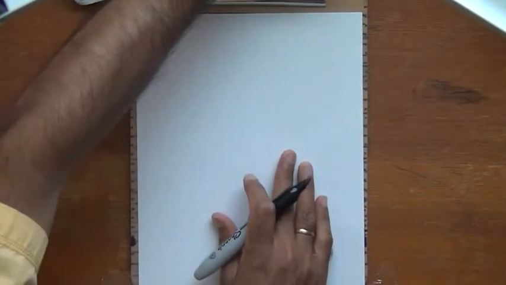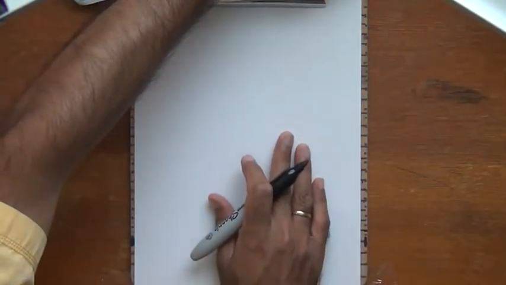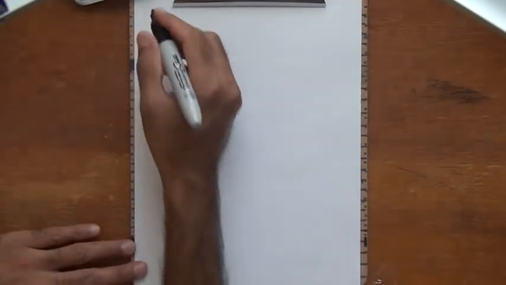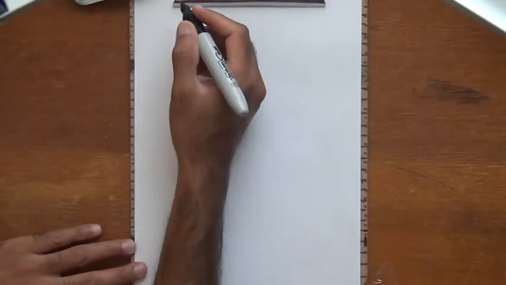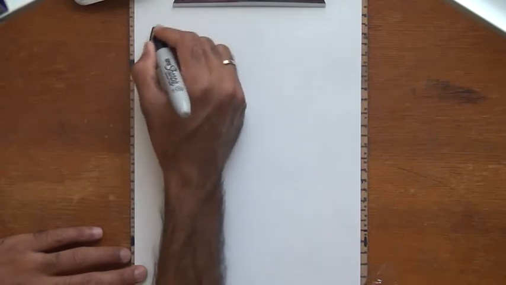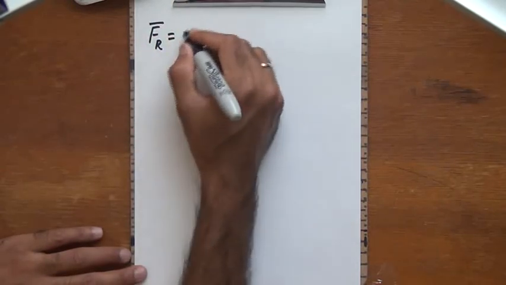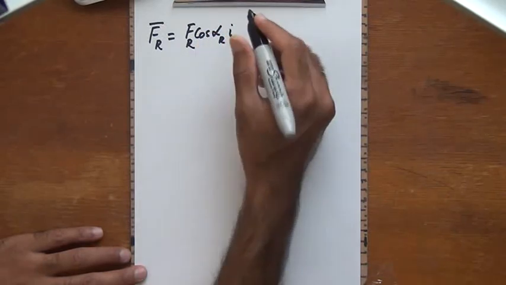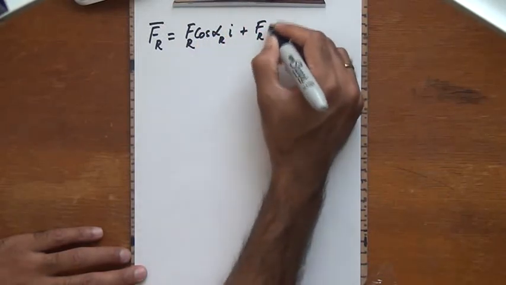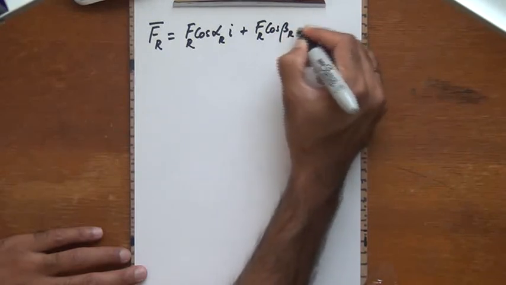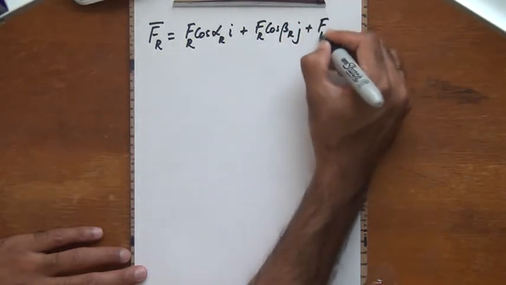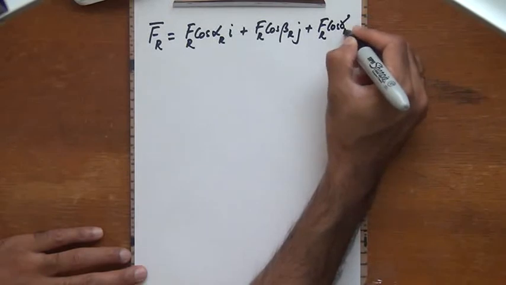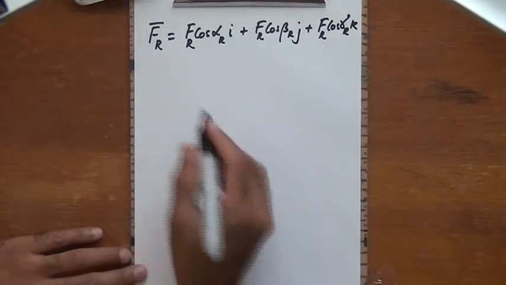The first thing I'm going to write out is the standard form of the resultant force vector in terms of its coordinate direction angles. So I have the standard form. Fr is Fr cos alpha r in the i, Fr cos beta r in the j, Fr cos gamma r in the k.